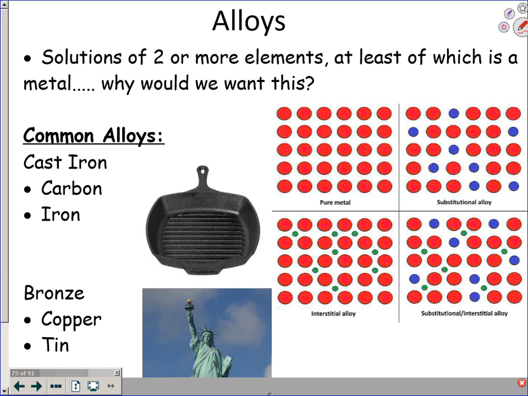So I'll give you 2 examples: cast iron and bronze, which is the Statue of Liberty there. As you're writing, think about why they would want to do this with metal. What's the purpose of this blending?